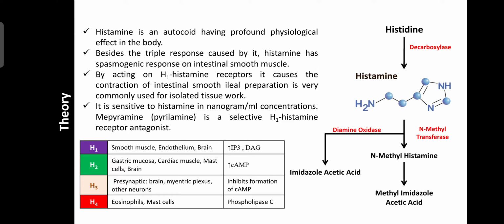Already you know, where the IP3 and DAG concentration increases, the calcium can be accumulated. Accumulation of calcium in the smooth muscles is responsible for causing the contractions. So here histamine can cause the contraction of the smooth muscle through the H1 receptor.